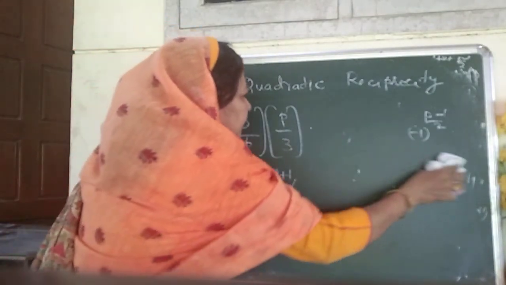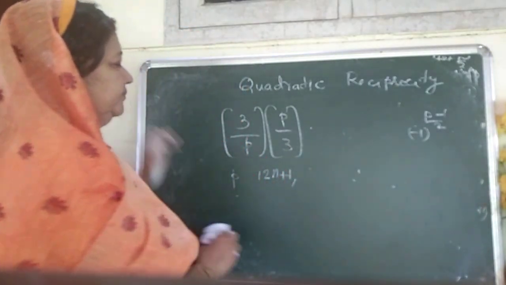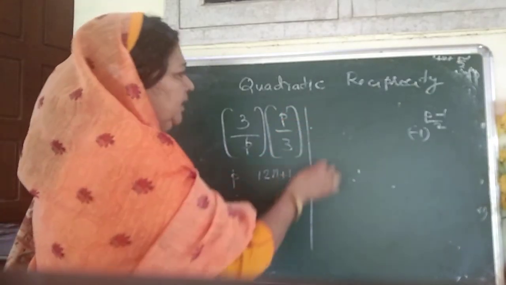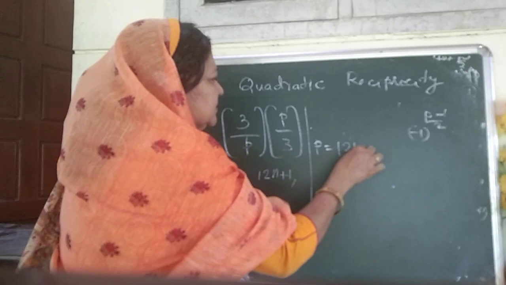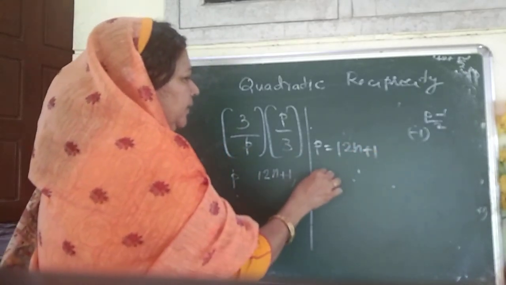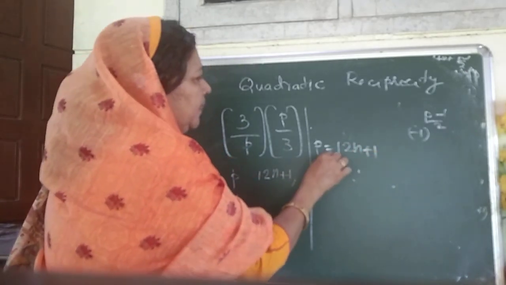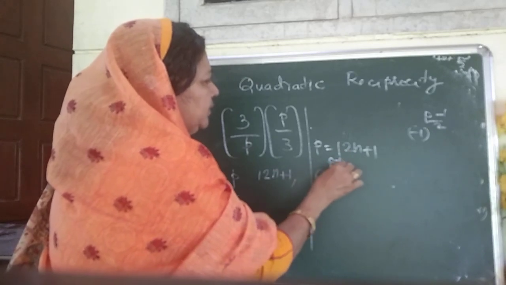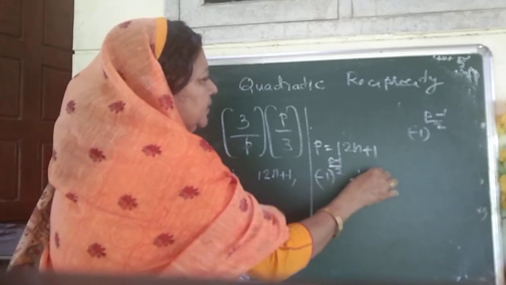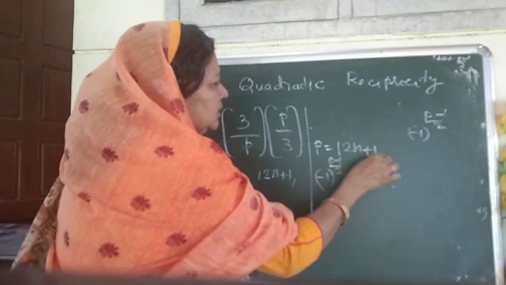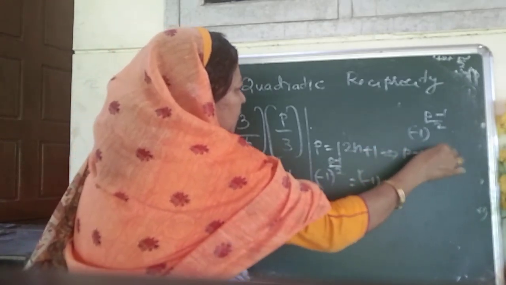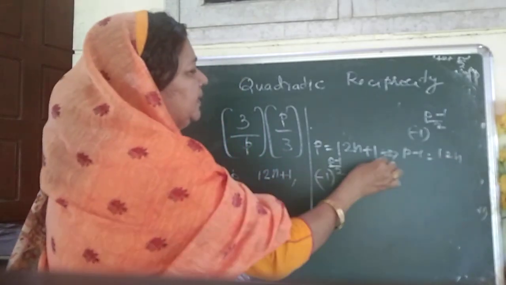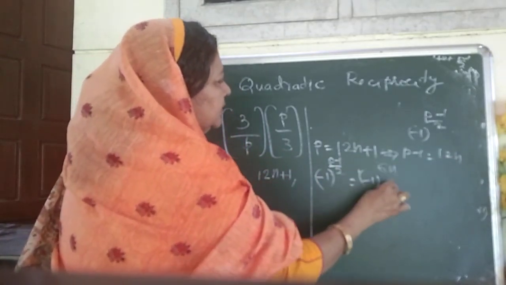So first of all take 12n plus 1. If p equals 12n plus 1, then (-1)^((p-1)/2) equals (-1)^(12n/2), since p minus 1 equals 12n. Therefore (p-1)/2 equals 6n, and the value is 1.